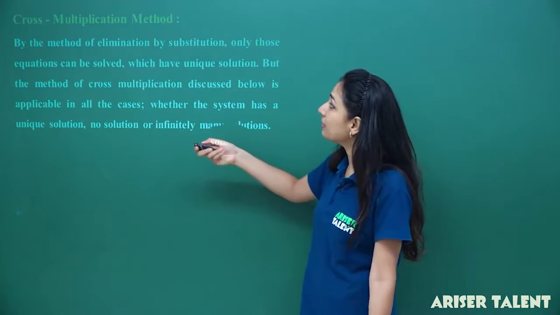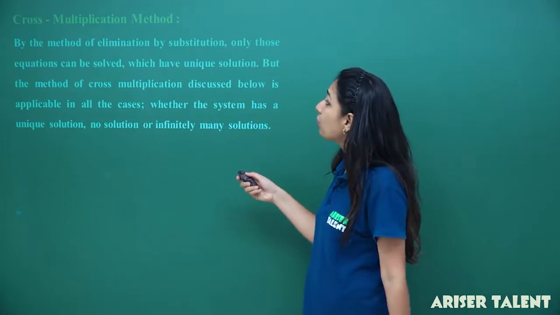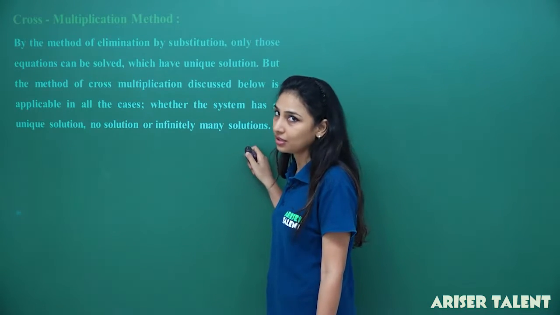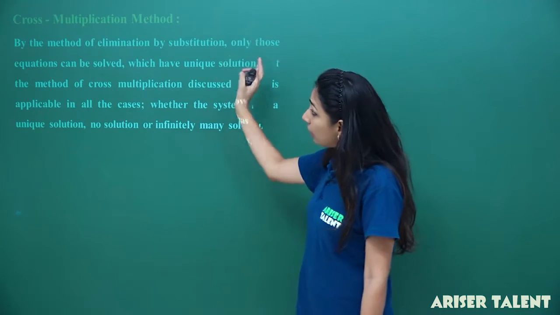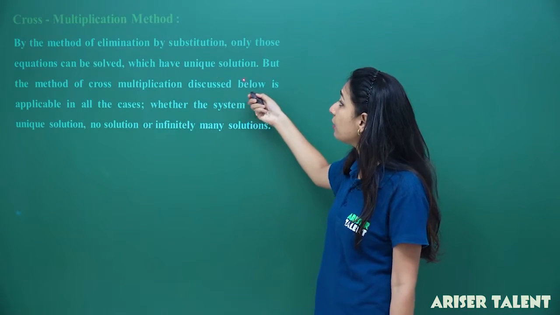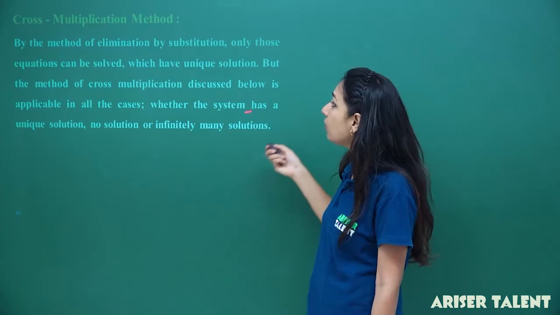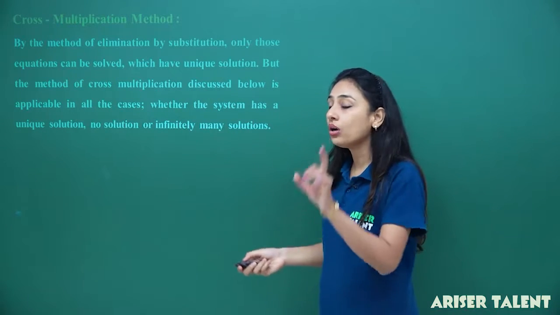By the method of elimination or substitution, only equations which have a unique solution can be solved. But the method of cross multiplication discussed below is applicable in all cases.